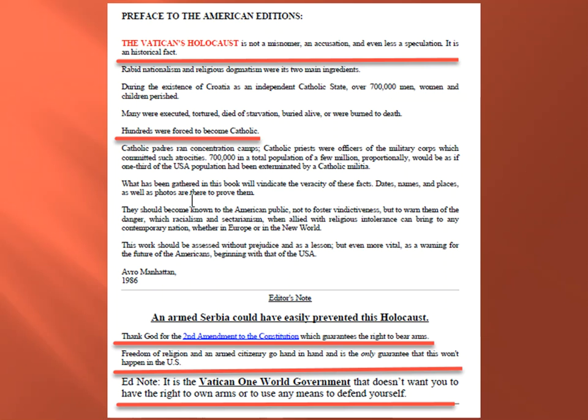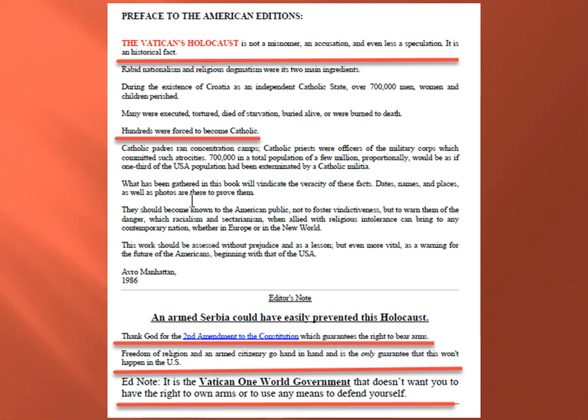700,000 in a total population of a few million proportionally would be as if 1/3 of the USA population had been exterminated by a Catholic militia. What has been gathered in this book will vindicate the veracity of these facts. Dates, names, places, as well as photos are there to prove them.